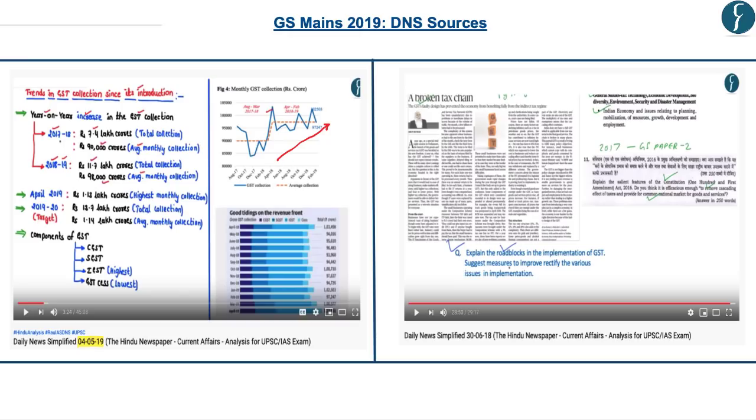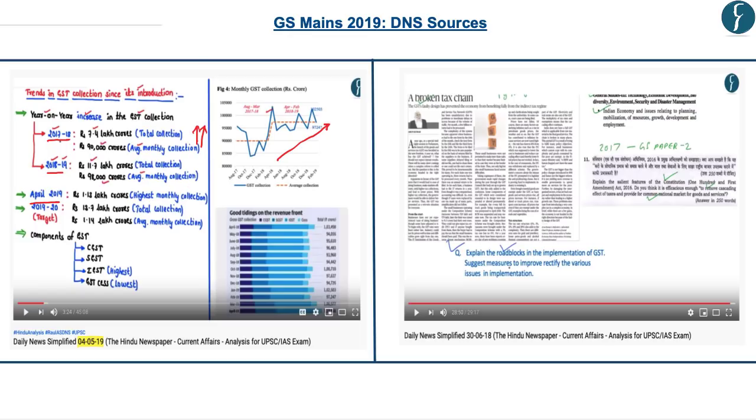In this DNS analysis, as you can see here, a number of aspects of GST collection was covered, including the trends of collection from 2017-18, 2018-19, and up till April 2019. Therefore, the trends that have been discussed in this news analysis can effectively be used in highlighting some parts in the answer, as we will see.